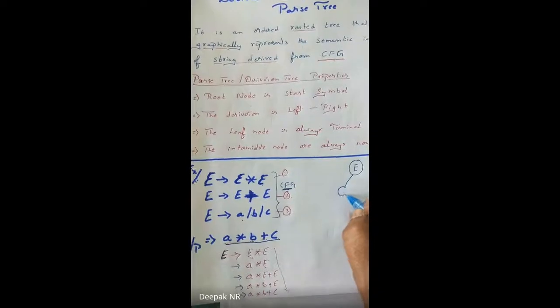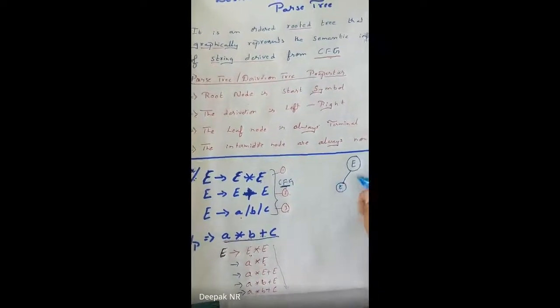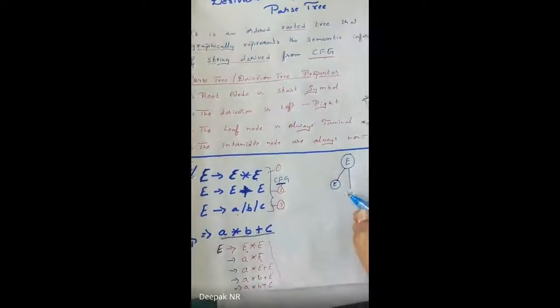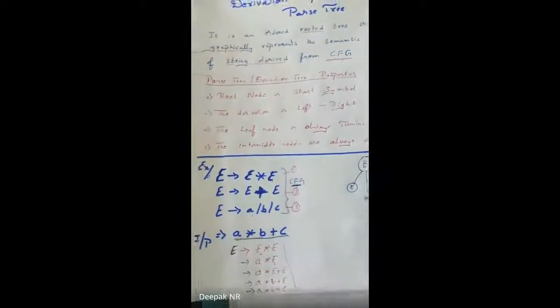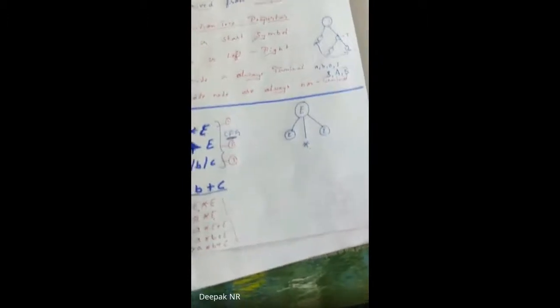First, which expression have I used? E star E. So I write two leaf nodes: one E, one star, and one more E. Why have I circled E? Because E is a non-terminal. Star is a terminal, so I am done with that.